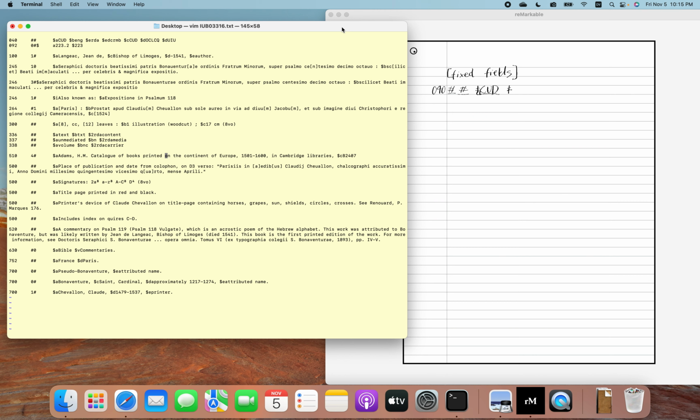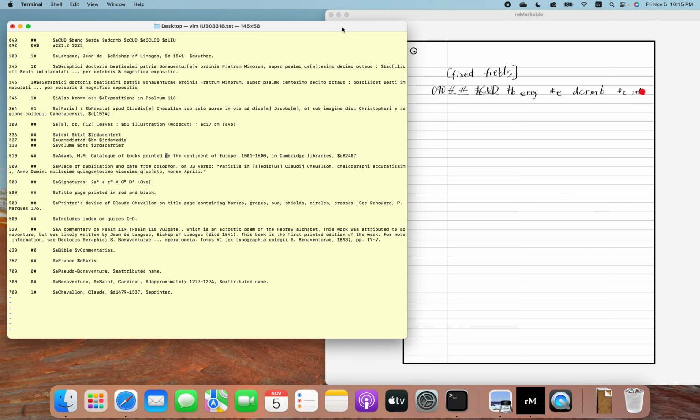The B means that the language of cataloging, not the language of the book, is English. And this is called a subfield. So subfield E is DCRMB, Descriptive Cataloging for Rare Materials, Books. And then subfield E, we use again to say that we're also doing RDA.